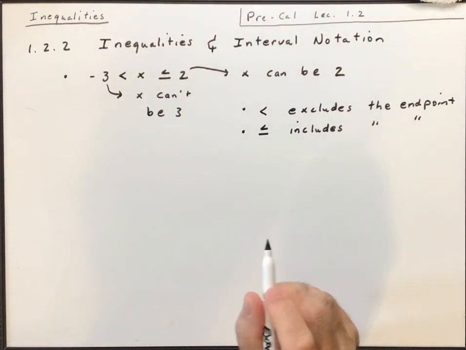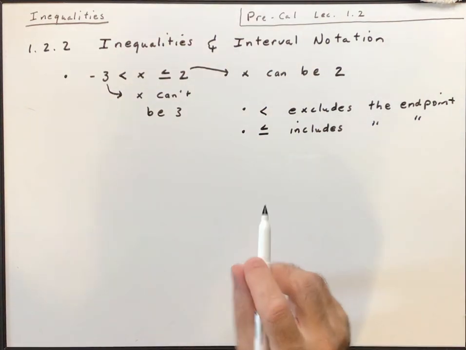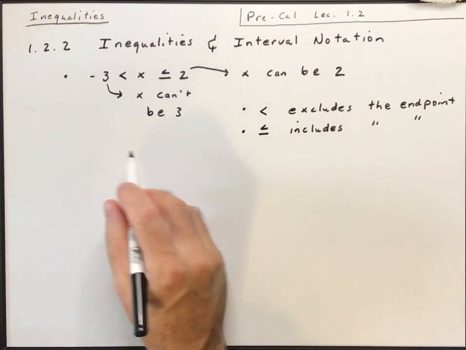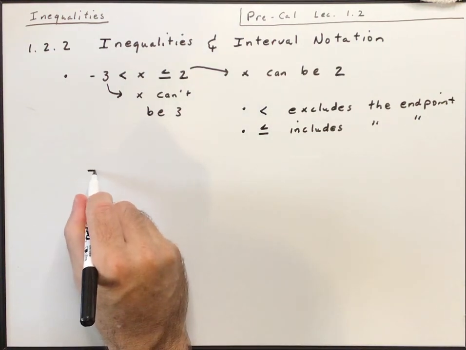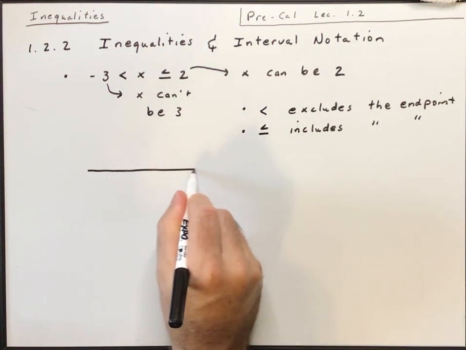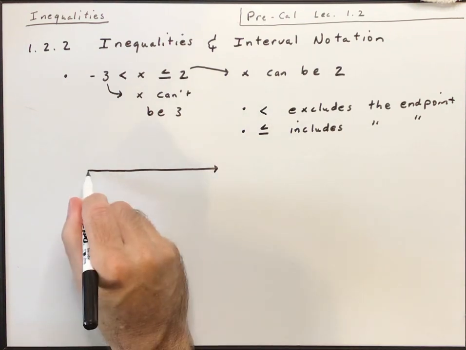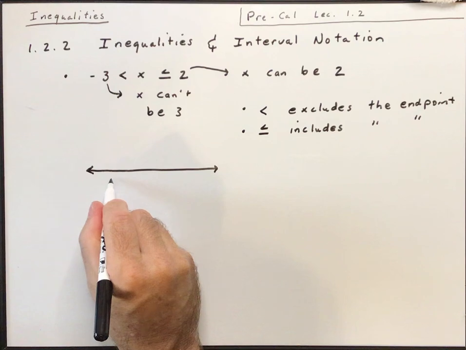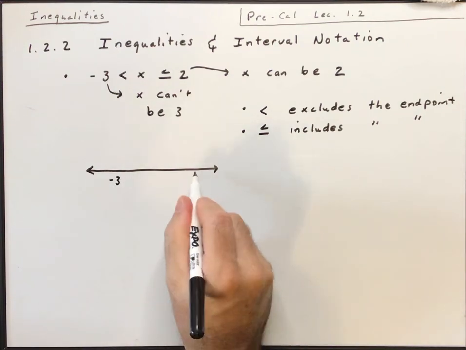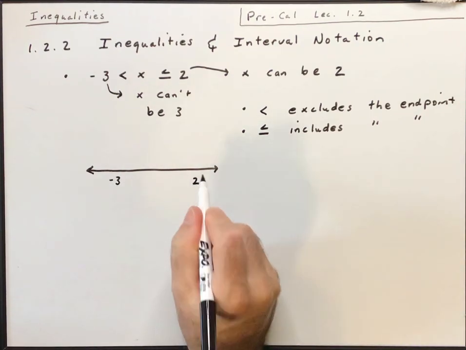All right, so I'm going to show you a couple of different ways to express these inequalities. One we can do with just a number line. So on a number line, we'll put in negative 3 here. Let's put in a 2 right here.